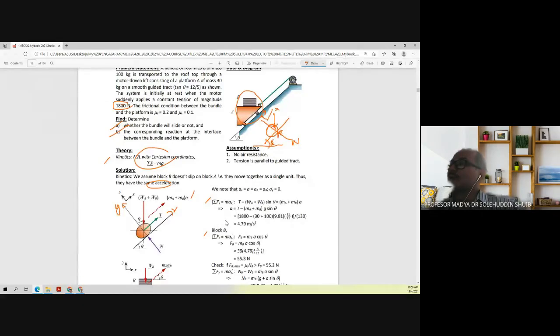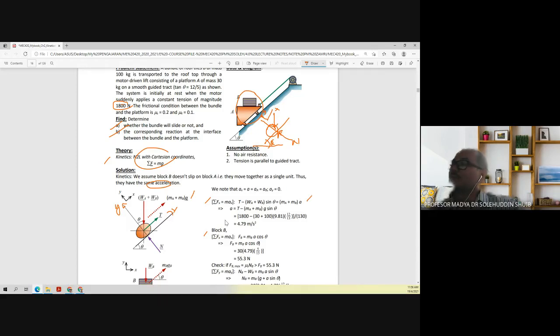You get T minus, resolving into sine and cosine, (mA plus mB) g sine theta equals (mA plus mB) times acceleration.